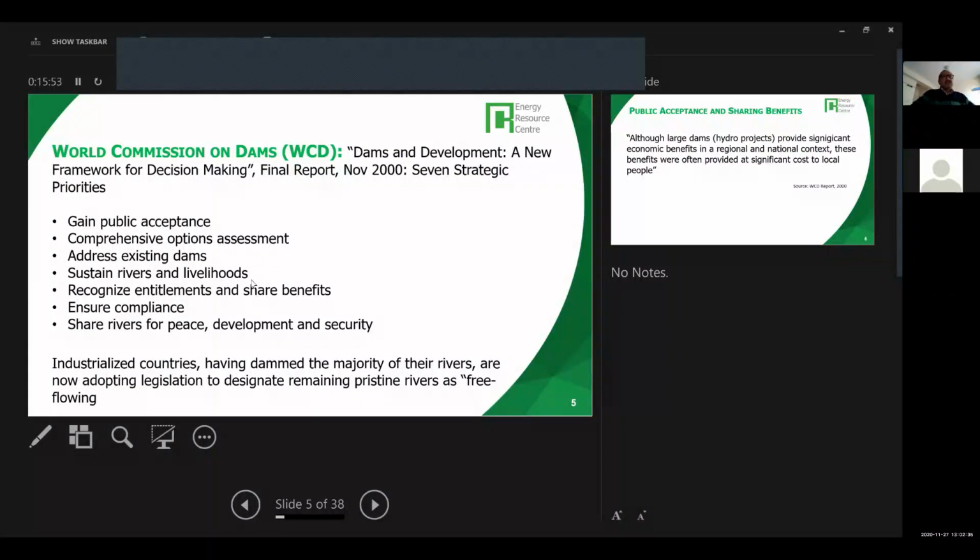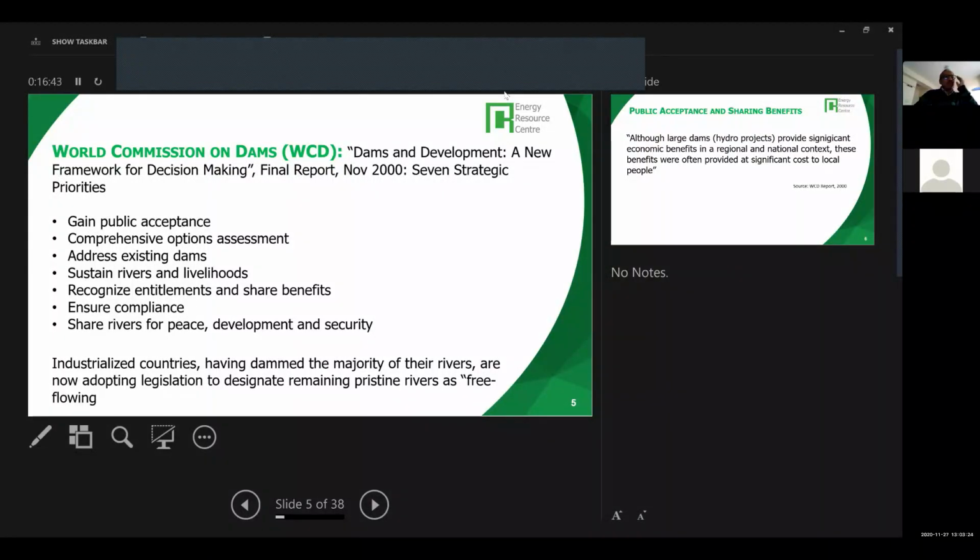Okay, now the World Commission on Dams, the international organization established under the UNEP framework, came up with a report called Dams and Development, a new framework for decision-making, on how to make dams and development more environmentally friendly and socially acceptable.